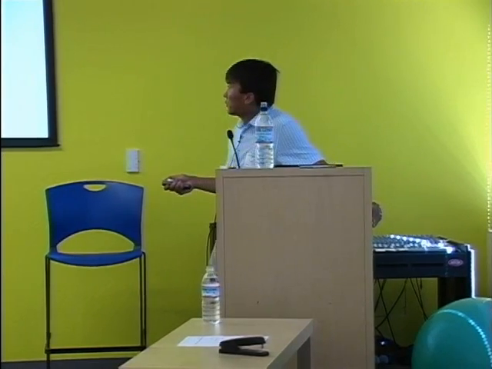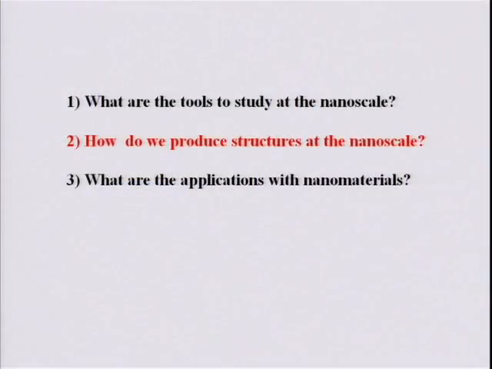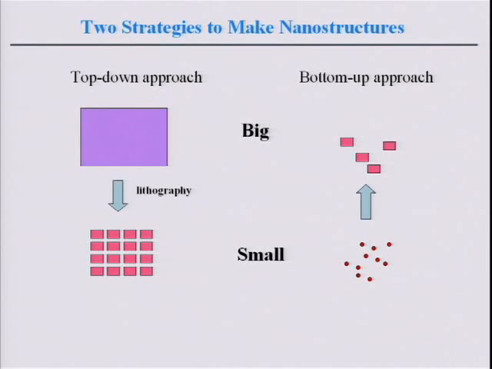Now let's come to the second area: how do you produce structures at the nanometer scale? There are two philosophies in making things smaller. One philosophy is you take a big object and cut it down into a small piece. This is the so-called top-down approach, going from big size to small size.